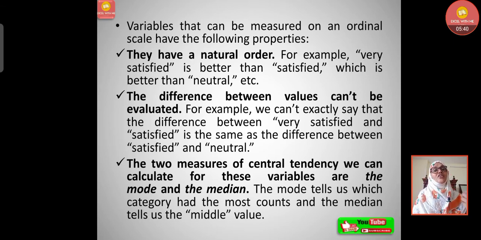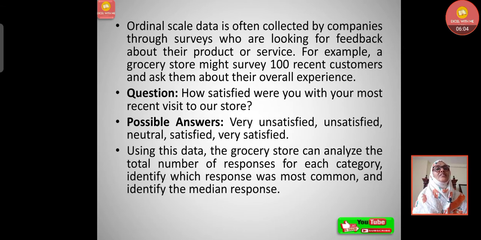For example, we cannot exactly say that the difference between very satisfied and satisfied is the same as the difference between satisfied and neutral. Now the third property, the two measures of central tendency we can calculate for these variables are the mode and the median. The mode tells us which category had the most counts and the median tells us the middle value.